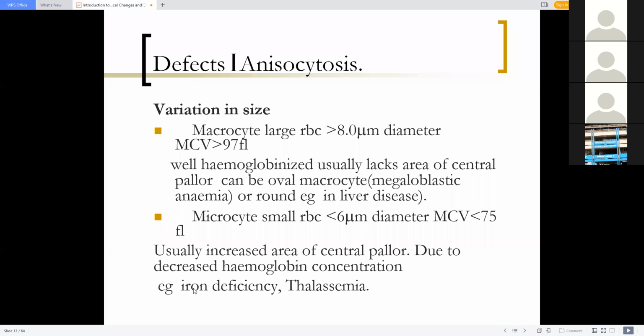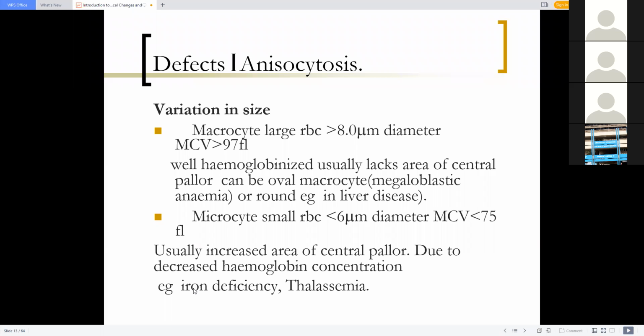Just to introduce some of these conditions, macrocytes are usually seen in megaloblastic anemia. Megaloblastic anemia is a deficiency of vitamin B12 or folate, all right? You're going to have a whole lecture on megaloblastic anemia, and this gives you macrocytes.